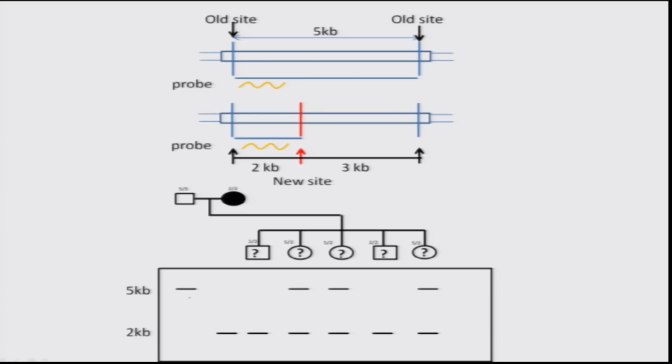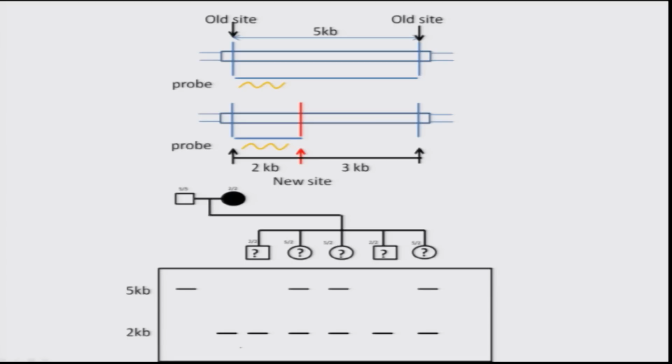The diseased female, however, gives only one single band at 2 kb, which means that because of the restriction site generation, the probe can now detect only that particular fragment and not the 3 kb fragment. All right. Now let us look at the next generation.